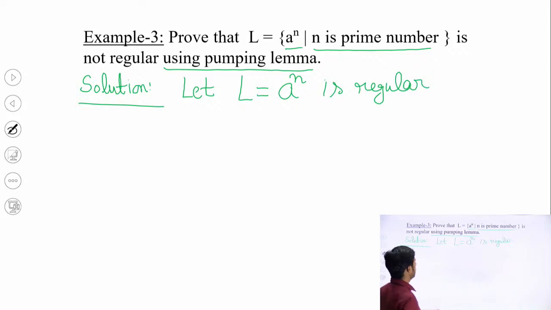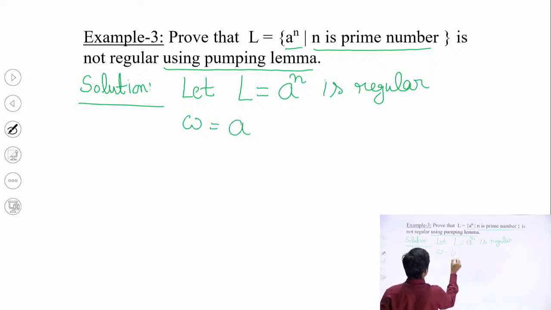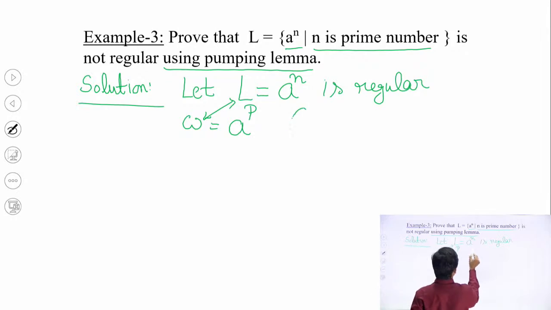Now let W equal to a raised to power p. We write the same, no difference. And where p is the pumping length.